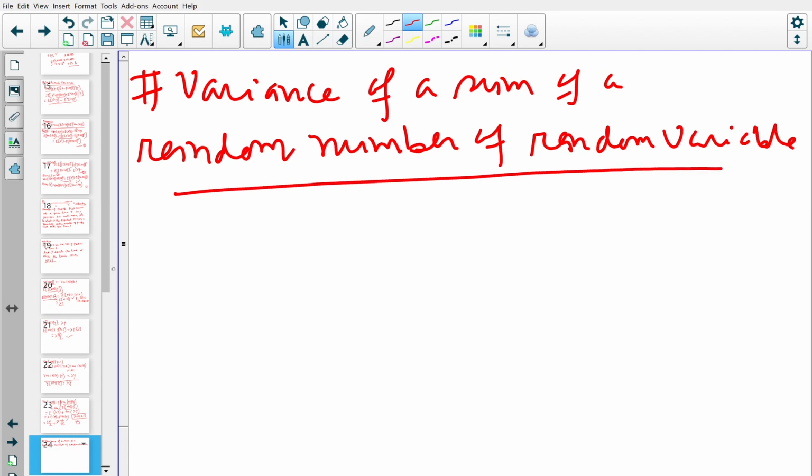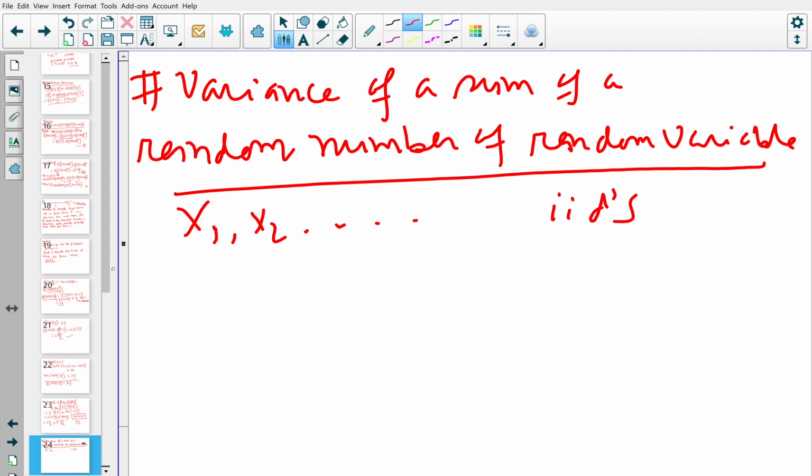We have already discussed this for expectation. Here we assume that X1, X2, and so on are all IID, so they are identically distributed with a common mean.